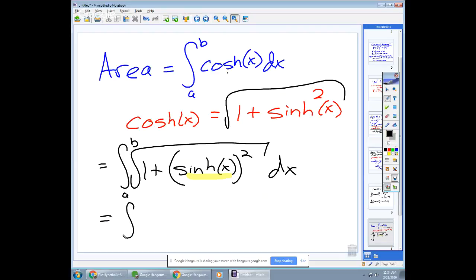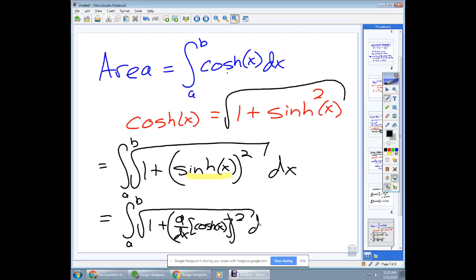Now I have the integral from a to b of the square root of 1 plus the derivative with respect to x of the cosh of x, squared. And that formula looks like the arc length formula. Oh my gosh. The area under the cosh has the same value as its arc length.